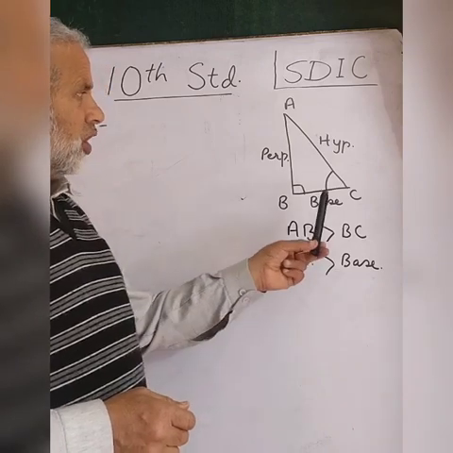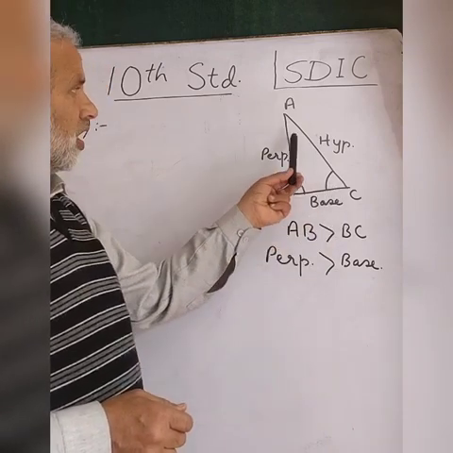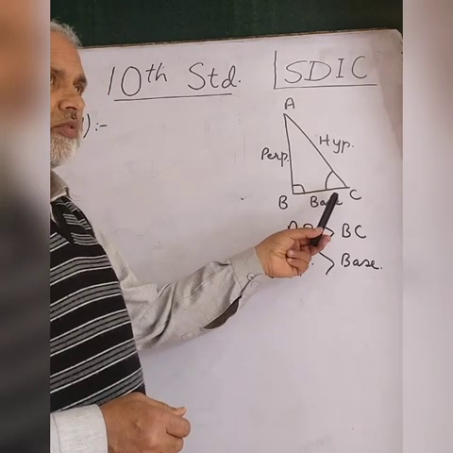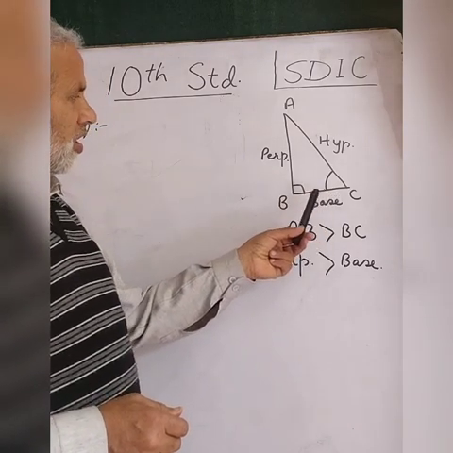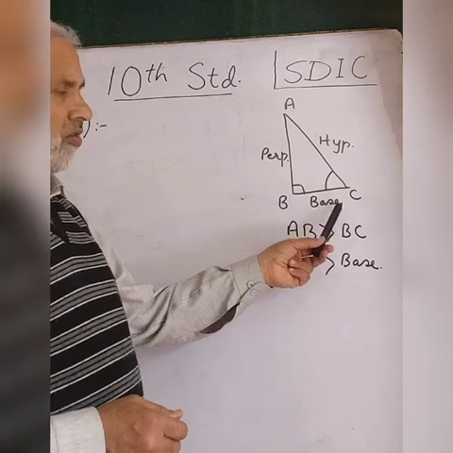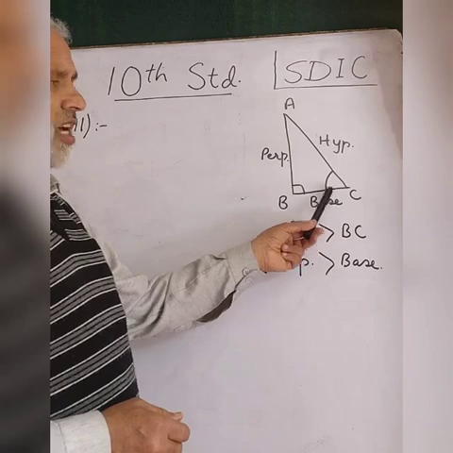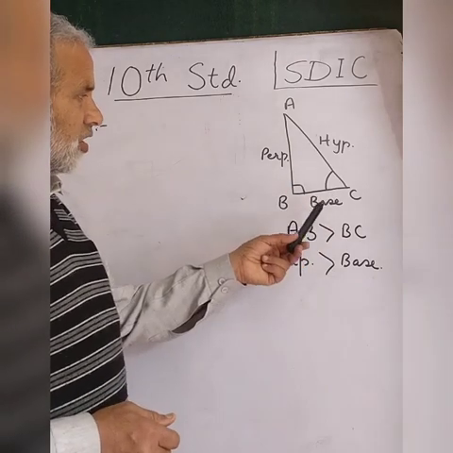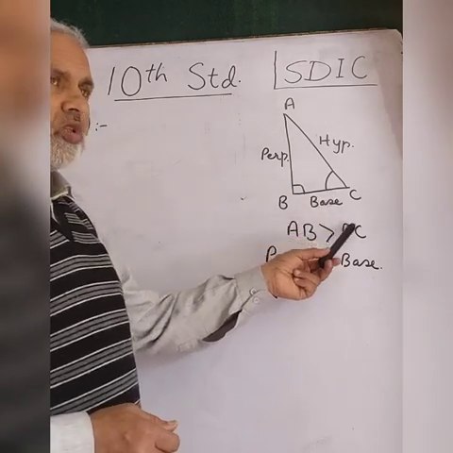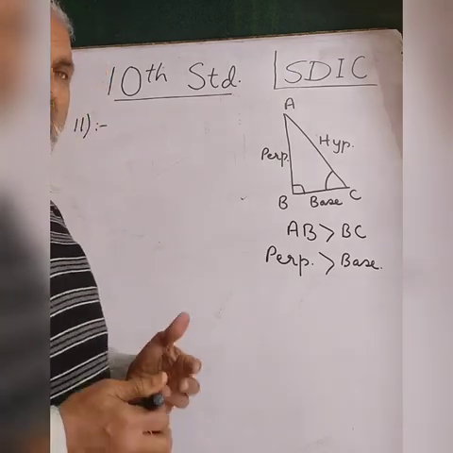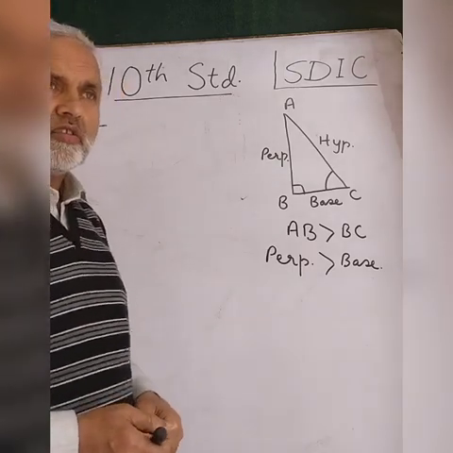Because we will not always have the larger acute angle chosen. Right now, I have chosen angle C. We can see out of the two acute angles, angle C and angle A, angle C is larger than angle A. But it is not necessary that you'll always choose the larger acute angle out of the two. We can choose any acute angle as per the instructions.